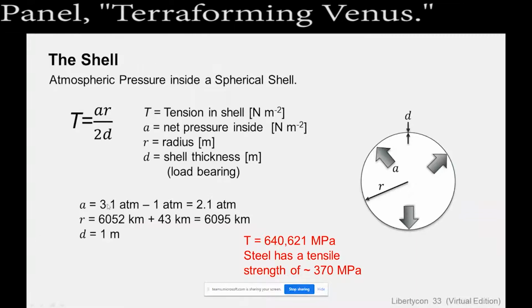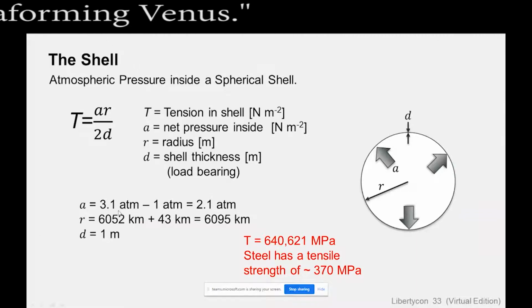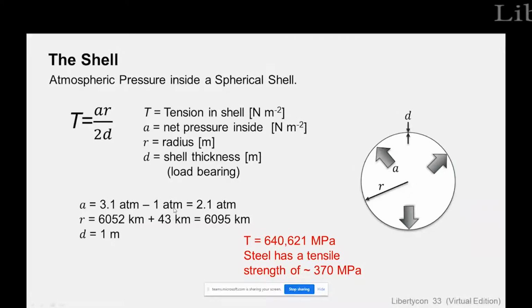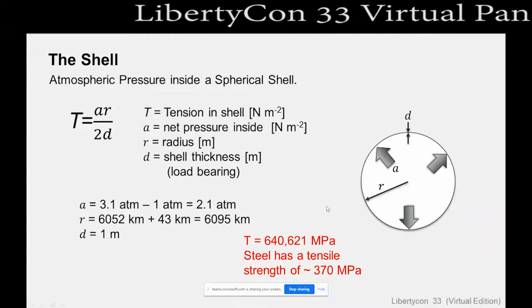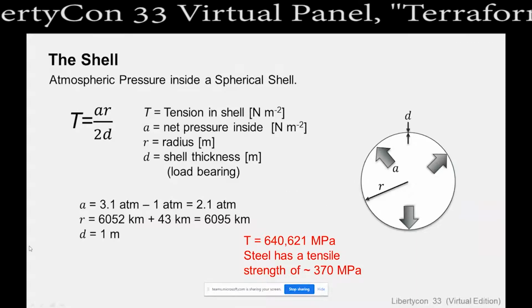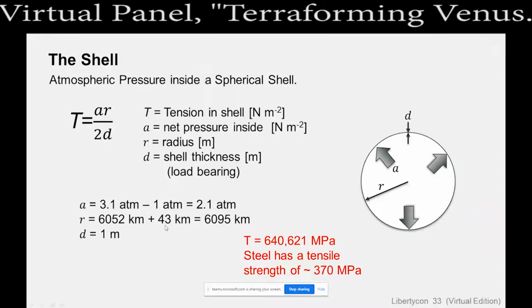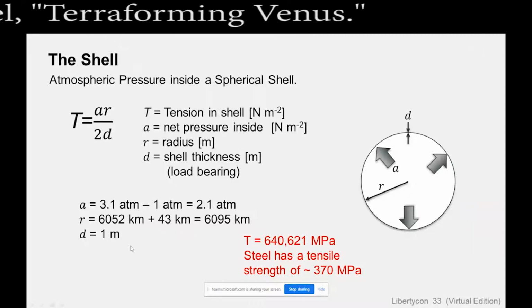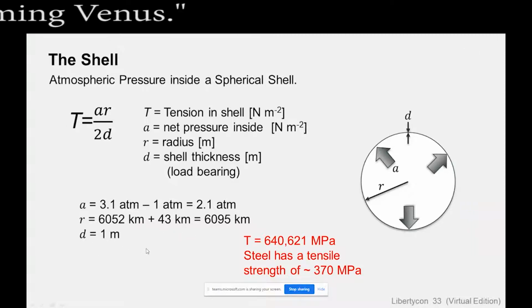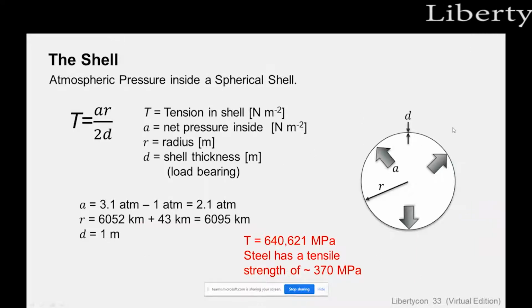If we assume that we have 3.1 atmospheres under the shell, and we want 1 atmosphere on top of the shell for a net of 2.1 atmospheres pressing inside the shell. The radius, let's just pick 43 kilometers above the surface. And let's assume we have 1 meter of steel to make it, a durable shell.